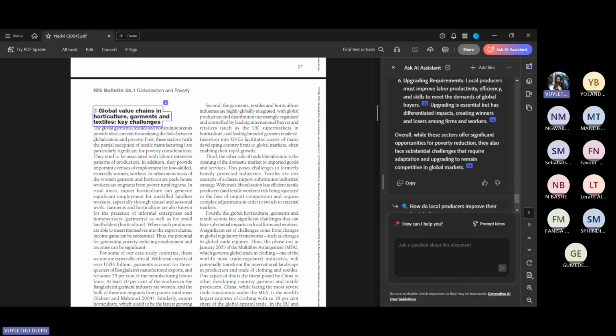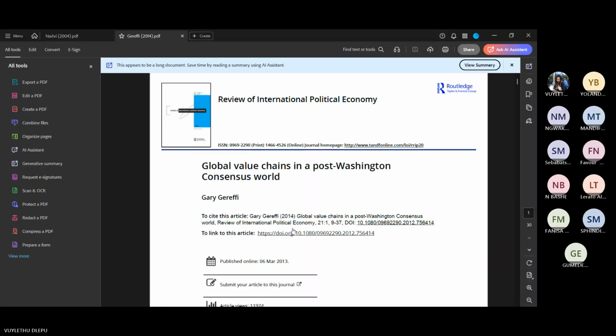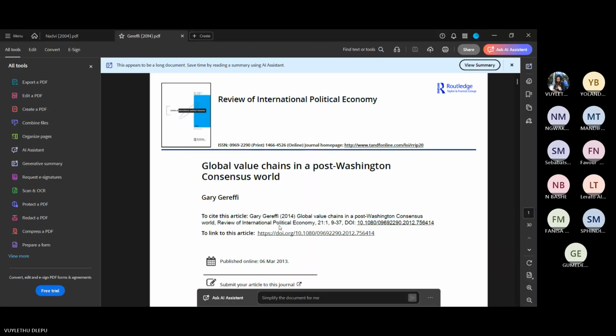Then Gereffi. Let me stop sharing the screen so I can share Gereffi. Where's Gereffi? Okay. Now we're going. I'm stopping to share the screen.